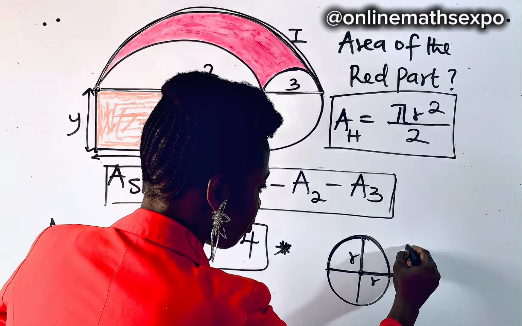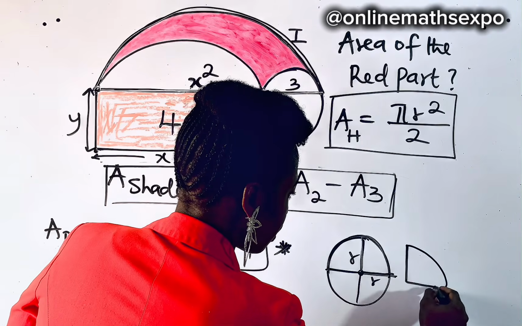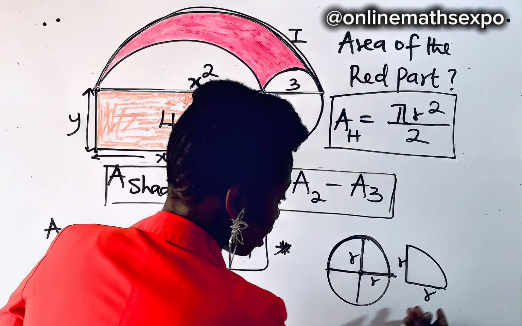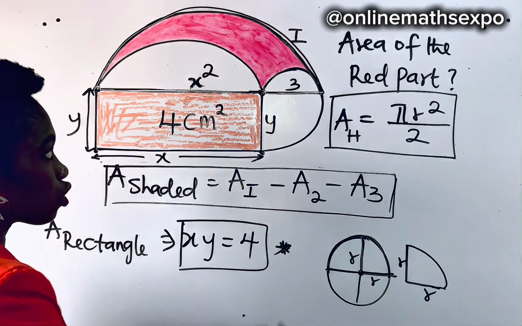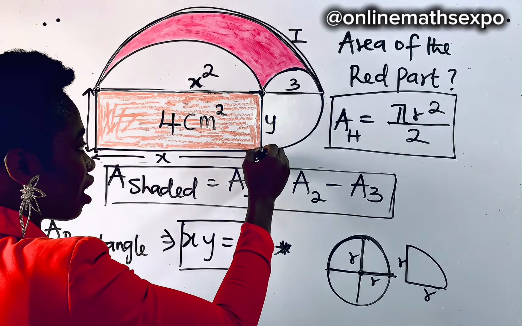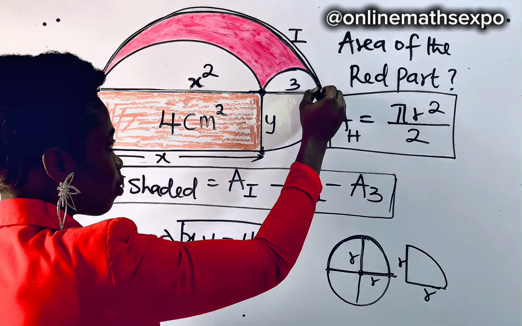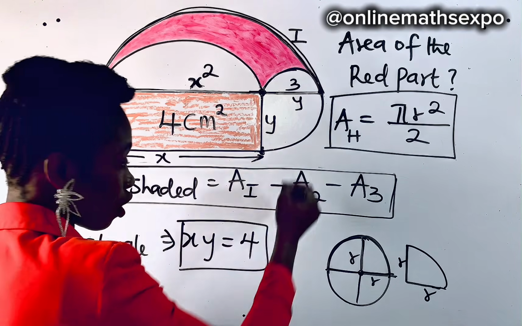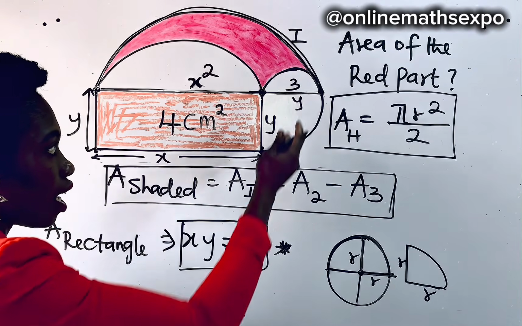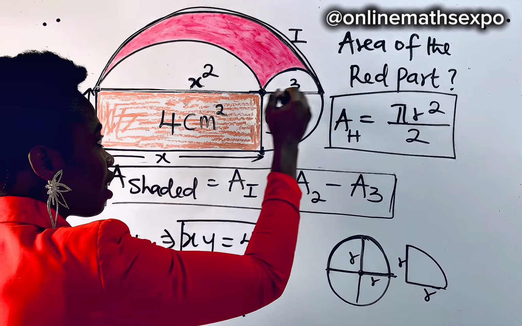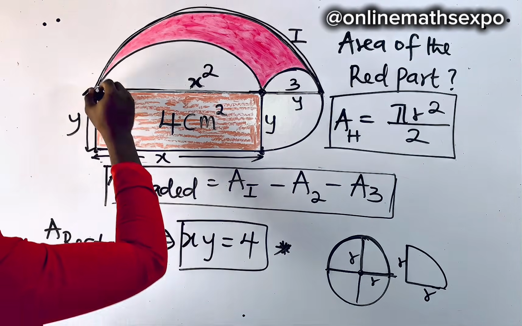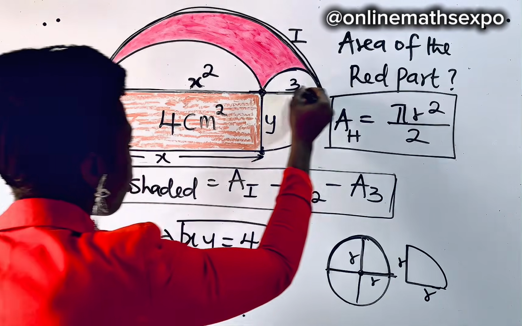It also means that from here to here should be equal to from here to here, since this is a quarter circle. Now, since from here to here is y and from here to here is x, it means that the total length for this big one.